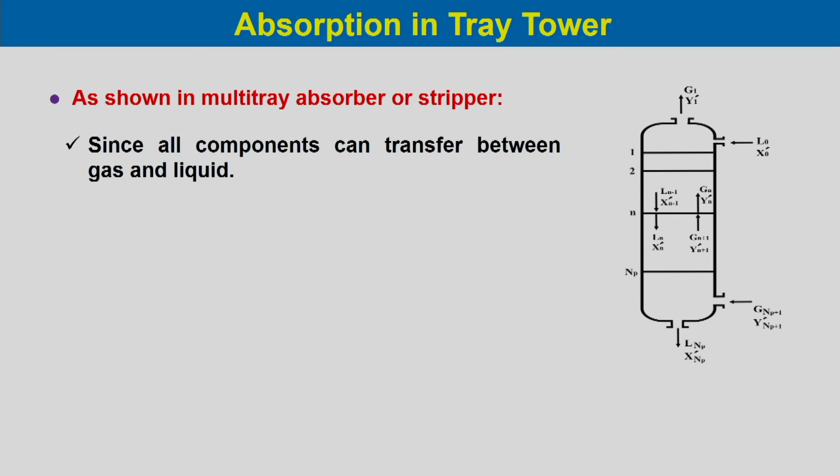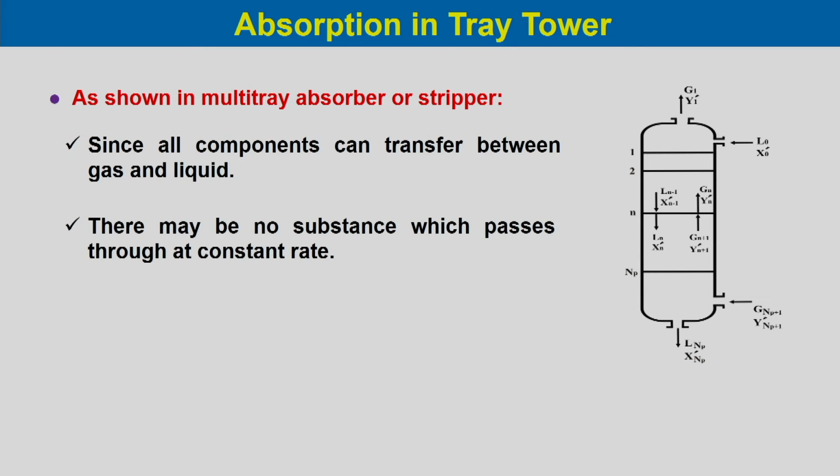Over here, this is a multi-tray absorber or stripper, similar to the one we have shown earlier. Since all components can transfer between the gas and liquid, there may be no substance which passes through at a constant rate, because all the substances are transferring from one phase to the other.